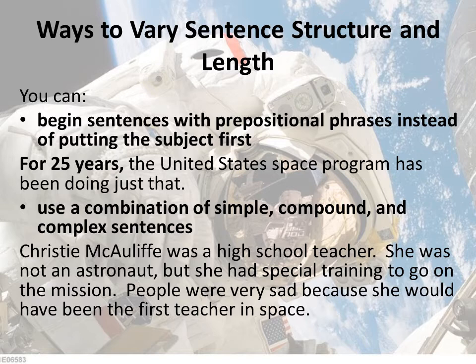We also have, she was not an astronaut, but she had special training to go on the mission. Again, this is a compound sentence, and it's just fine. People were very sad because she would have been the first teacher in space. And here we have our complex sentence, which is also fine. And if we switch them up and use them together, our writing just sounds more sophisticated and interesting to the reader.